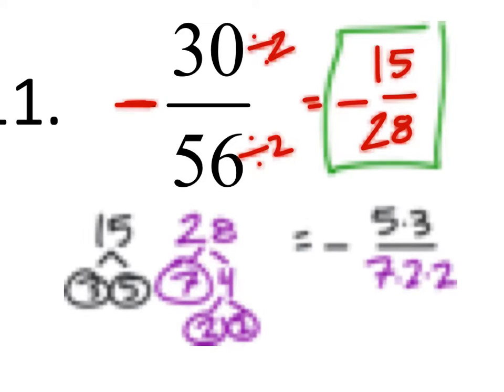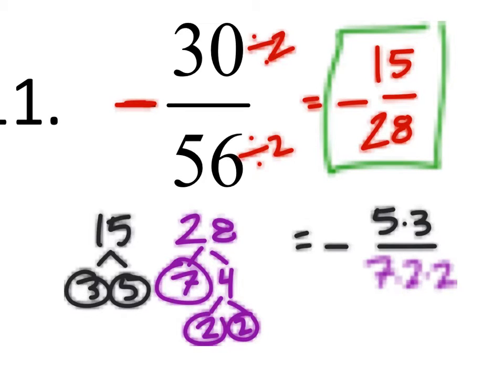Well, this is another way we can look at this. We got 15, right? The prime factorization for 15 is just 3 and 5. Both of those are prime. So the fraction really is negative 5 times 3, over 28, which splits up into 7 and 4. 7 is prime, and then 4 is 2 and 2.